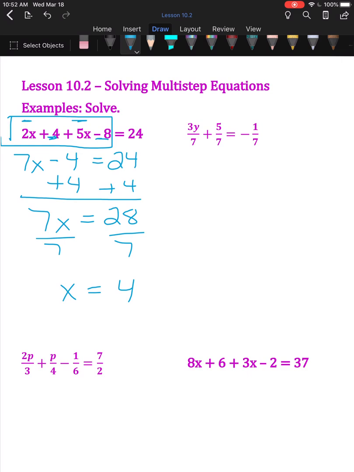Okay. On our next example, you're probably freaking out a little bit because there are fractions. And to you I say, deep calming breath, children. Because we're going to kill them.